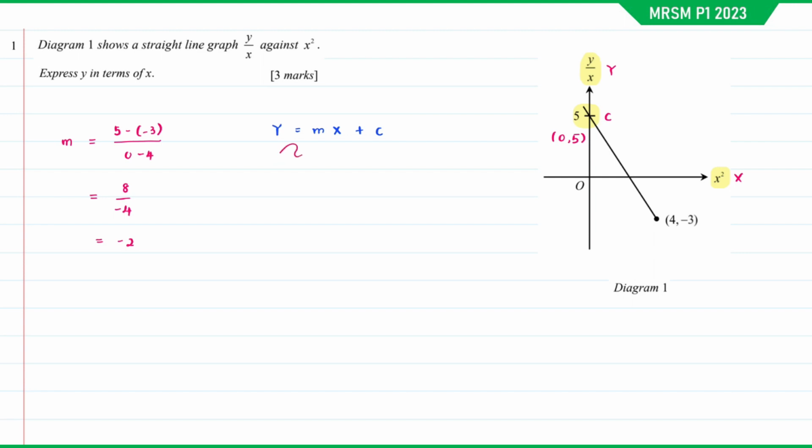Substitute the information that we have. We're going to get y over x equal to negative 2x squared plus 5. To make y the subject, we're going to move the x to the other side. Therefore, y is equal to negative 2x cubed plus 5x.